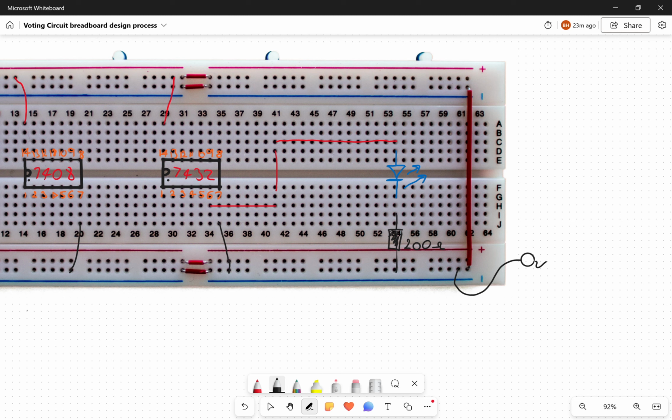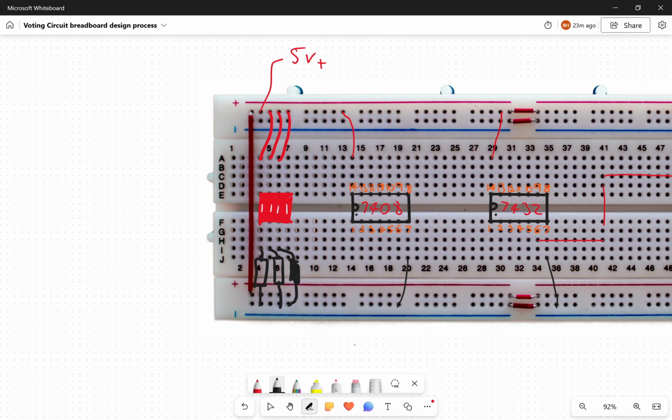So that then is the output stage sorted, along with the input side sorted. So we've got 5 volts going into the circuit here, that then gets carried down. Obviously you've got the conductive material underneath the breadboard carrying that through to the switch, and then we've got the pull up or pull down resistors in between the switch and ground.